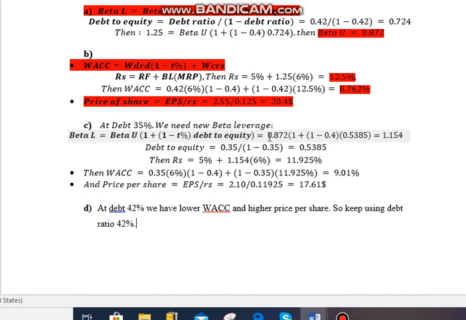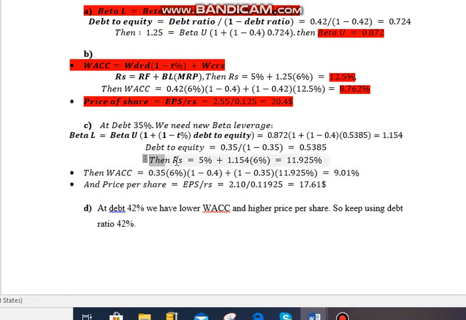So it's equal to the unlevered beta that we calculated in part A, times 1 plus (1 minus 0.4) multiplied by the debt to equity at a 35% debt ratio, which is 0.35 over 1 minus 0.35, equal to 0.5385. Then we get the levered beta equal to 1.154.